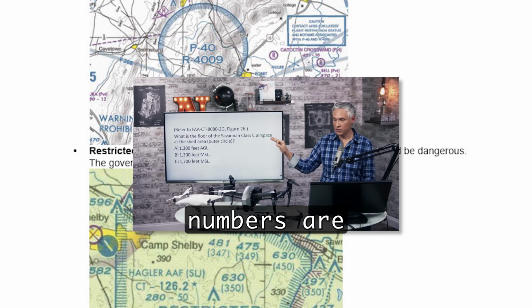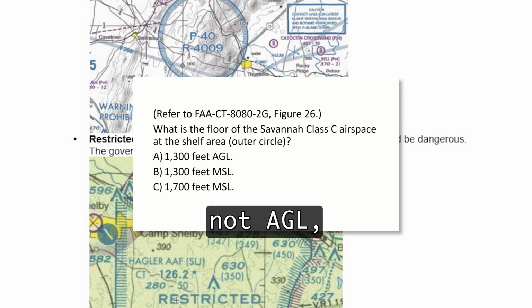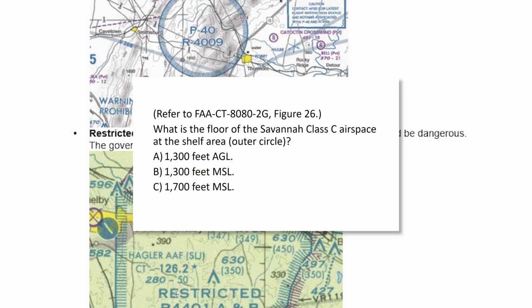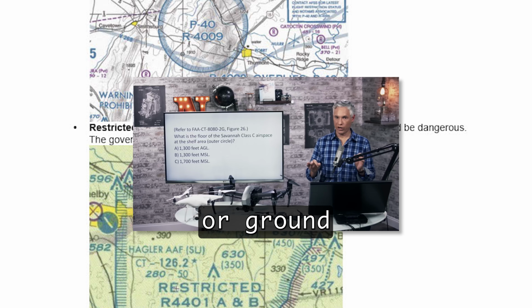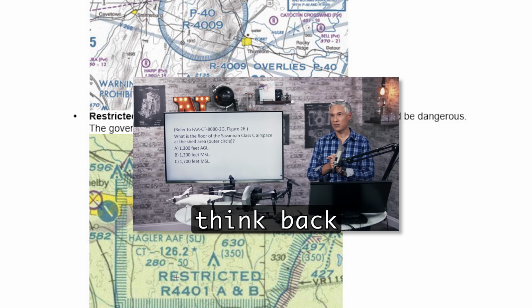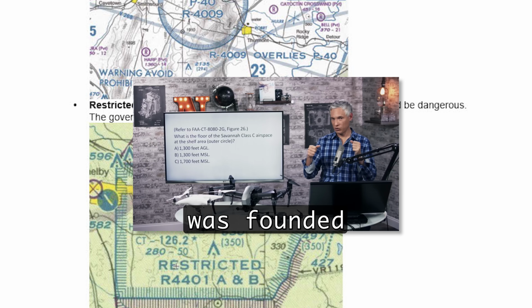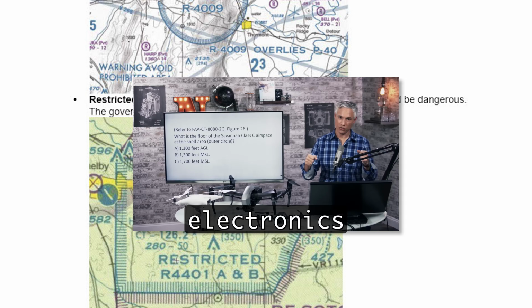These numbers are always above sea level, which is MSL, not AGL, which is above ground level. If you have a hard time remembering if it's sea level or ground level, the legend tells you that, so you can refer back to that. You can also think back to the history of the FAA, because the FAA was founded before proper computers and electronics and GPS.